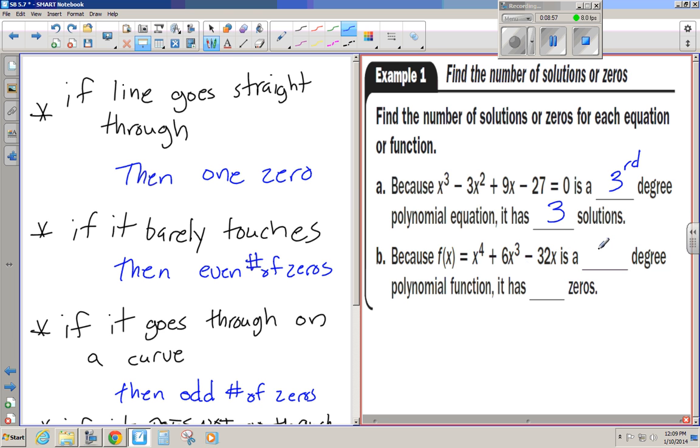Because this is a 4th degree polynomial function, it has 4 zeros. Now, something we can know about these numbers is this could be all reals, all imaginary, or it could be a bunch of individual ones.